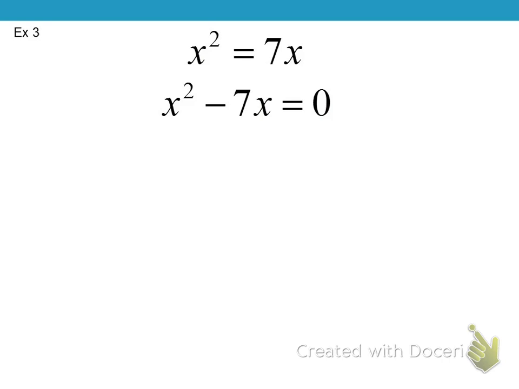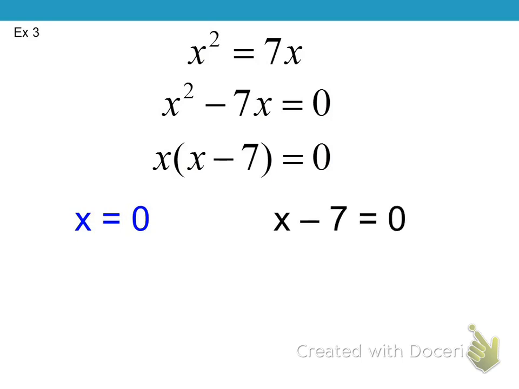Yes, we can do GCF and factor out an x. All right, then what? X minus 7 equals 0. What else equals 0? X. The x, yep. Don't forget about the x out front.